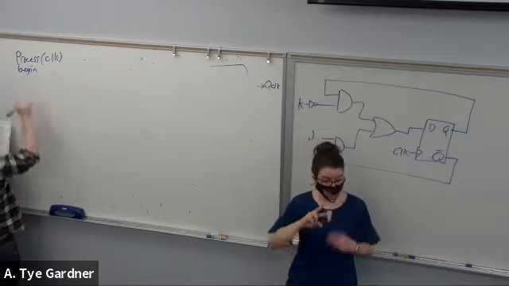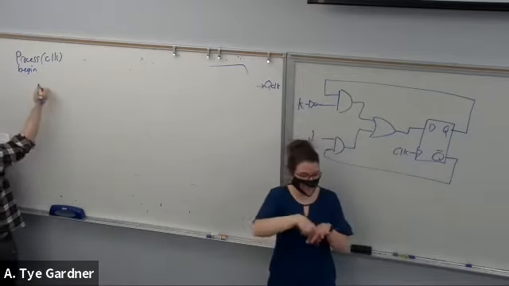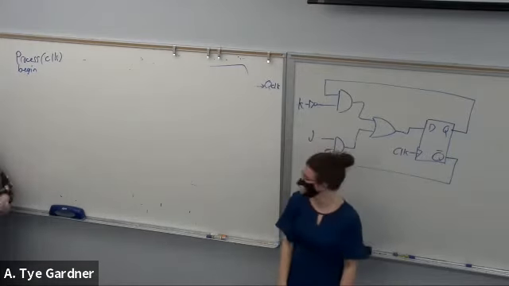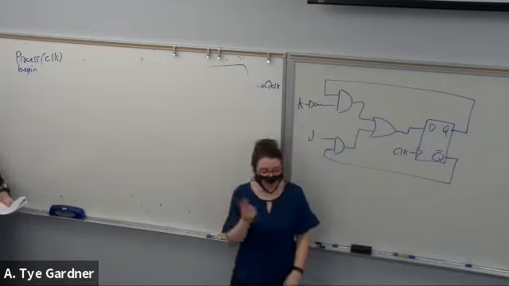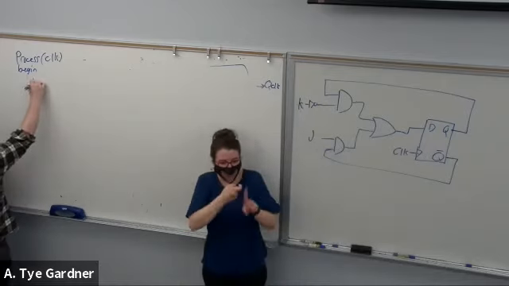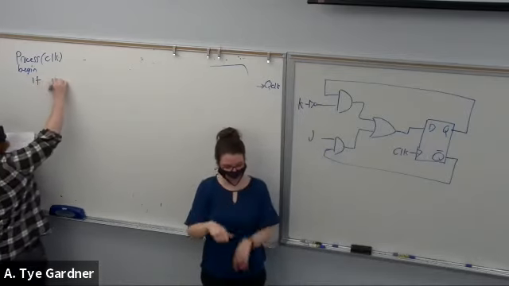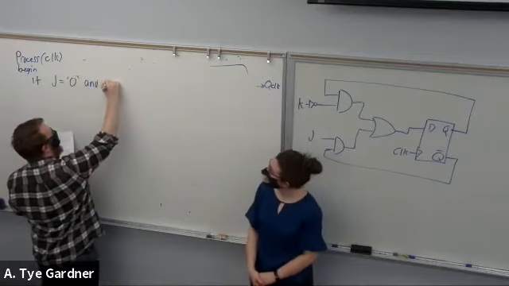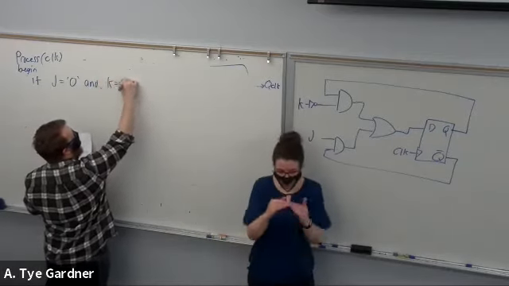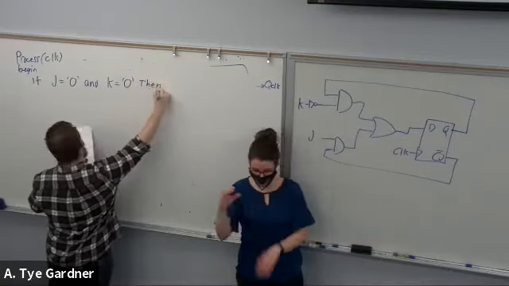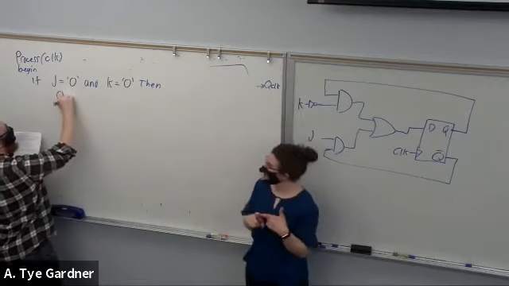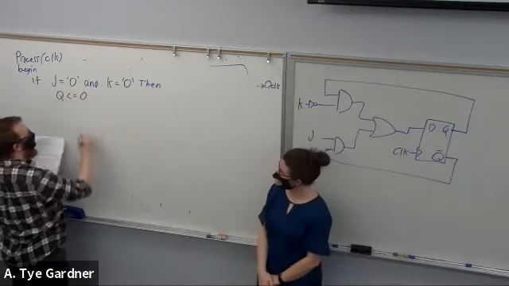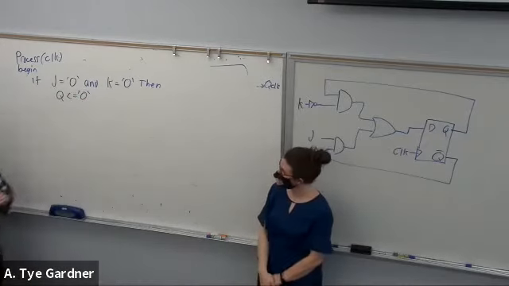They don't have a semicolon. And we just need to set up this kind of logic from the JK flip-flop that says if J is equal to 0 and K is equal to 0, then Q is 0.